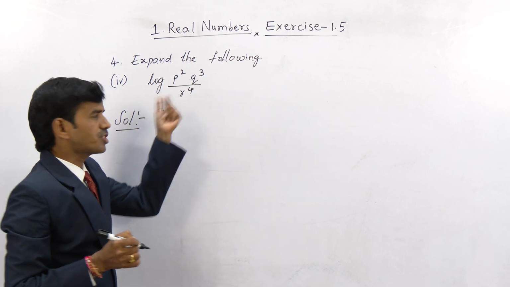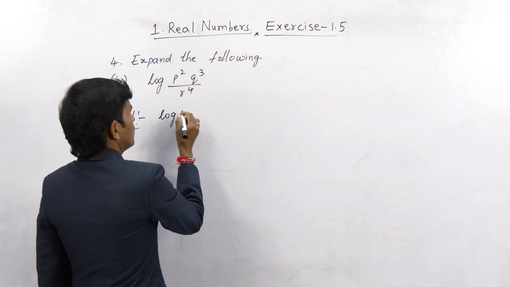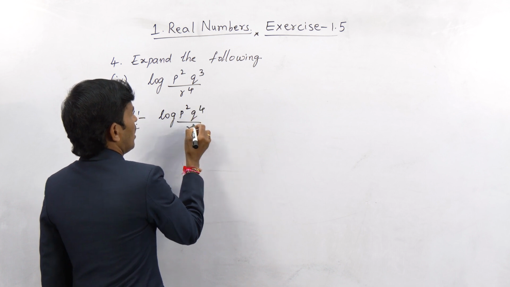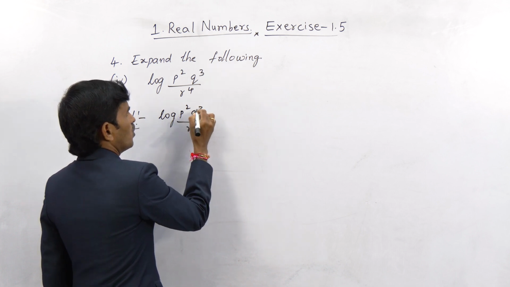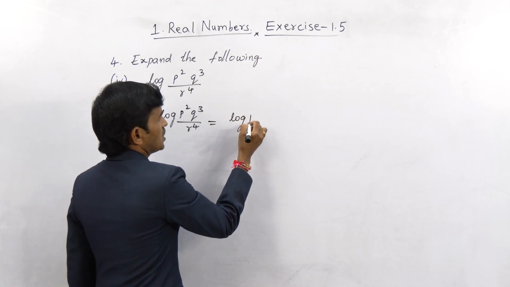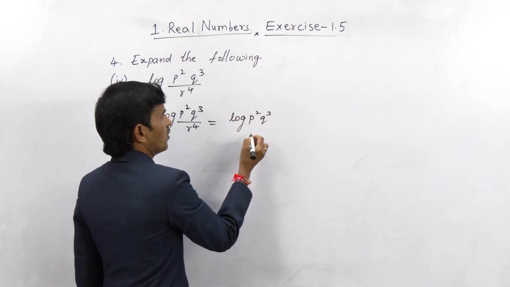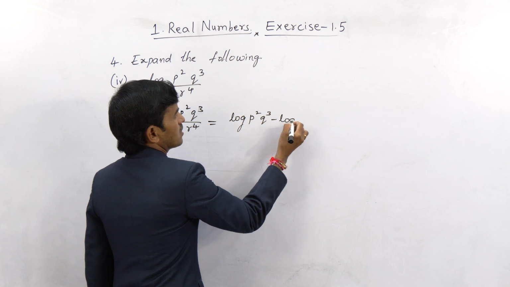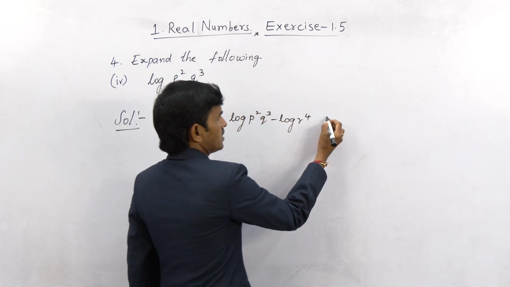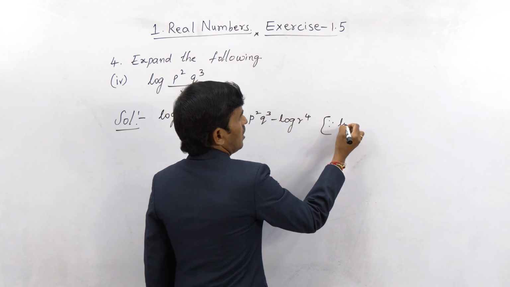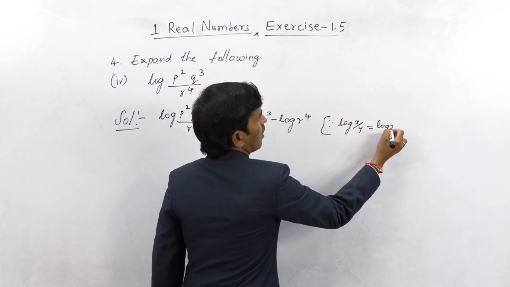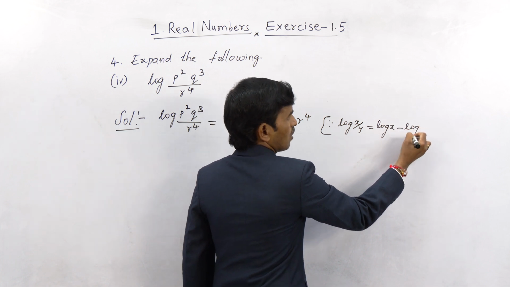First let us apply the quotient rule: p square q power 3 by r power 4 is equal to log of p square into q power 3 minus log r power 4, since we know that log x by y is equal to log x minus log y.